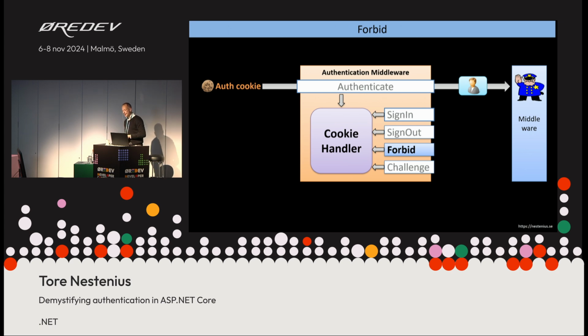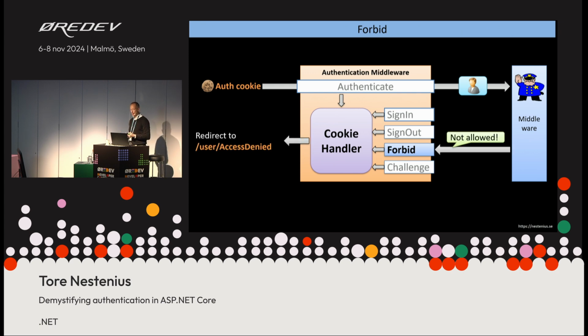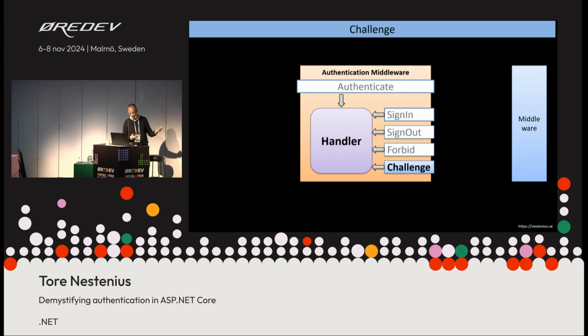So your page or the authorization middleware might choose to forbid you. So then a call is made to the forbid operation, and that one will typically redirect you to a you're-not-allowed page. Okay, that's pretty simple. And the challenge operation is that you come into the site, but you don't have any valid identity.